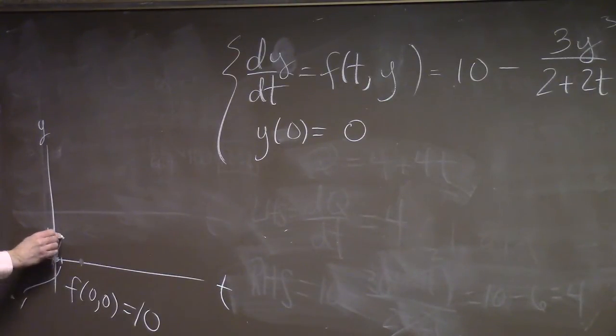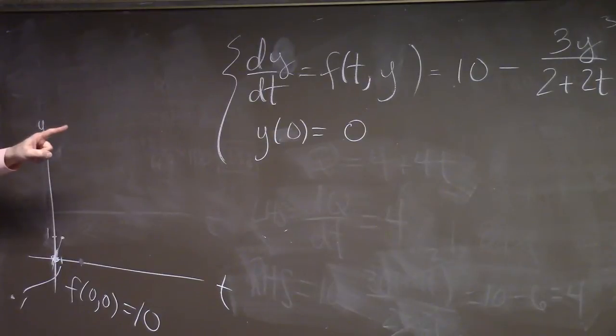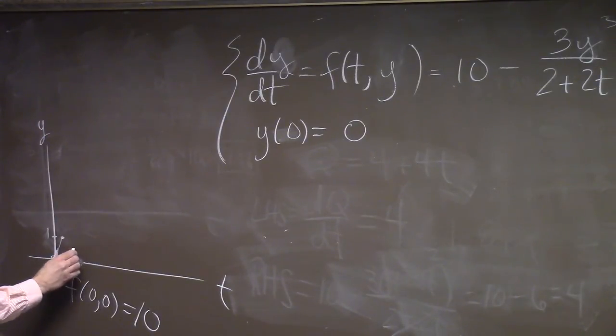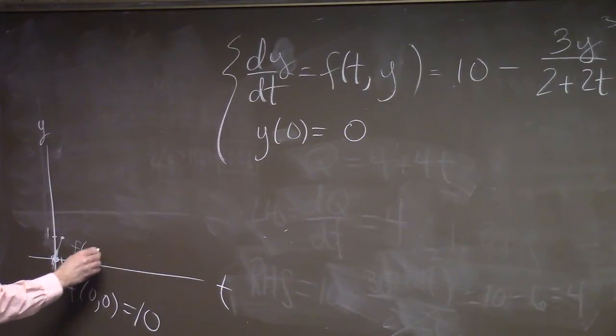Well, now use the value of the right-hand side function at this new point to find the new slope of the corresponding slope mark in the slope field, and follow that one. That point is t equals 0.1, y equals 1.